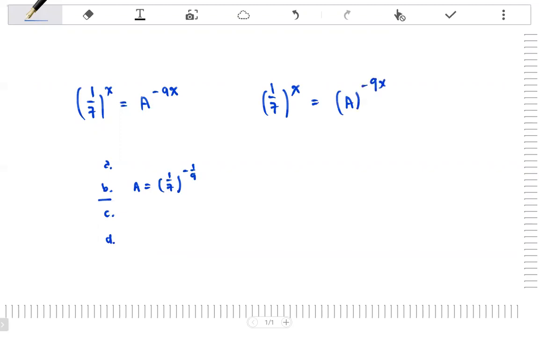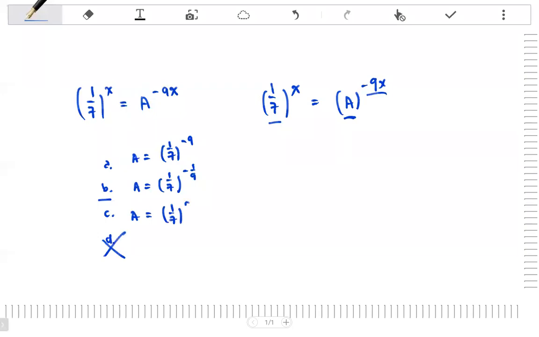Okay, so we're given 1/7 as our base here. So our answer choice should also have a base of 1/7, right? And then we can match the exponent later. So if we look at our answer choices, A, B, and C all have a base of 1/7, and D does not. So we can rule out D.